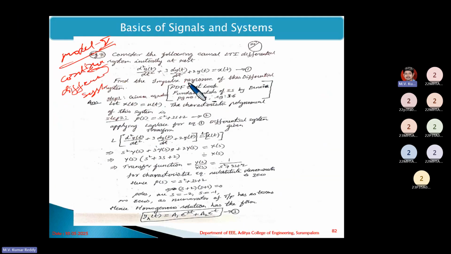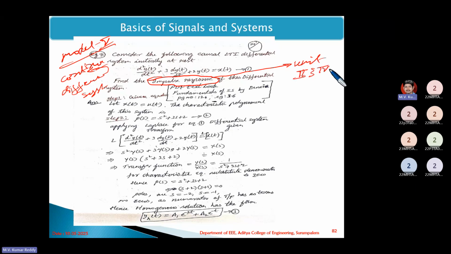So impulse response is mostly important in unit 2 and unit 4. What is unit 4? Frequency response. Here the topic is frequency response.